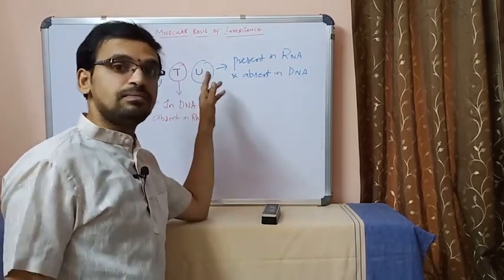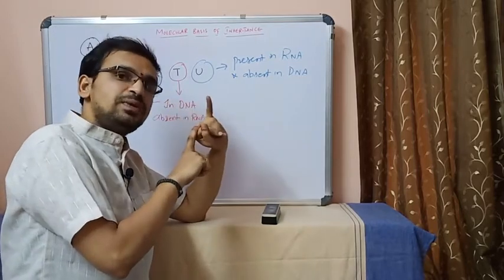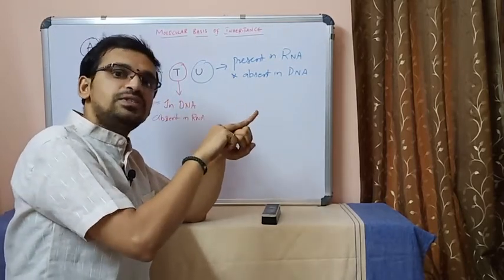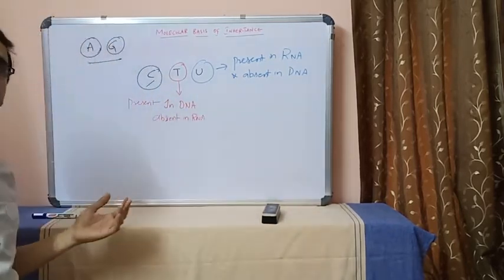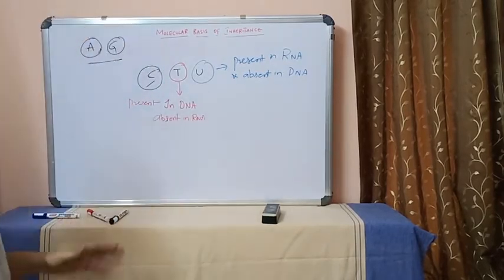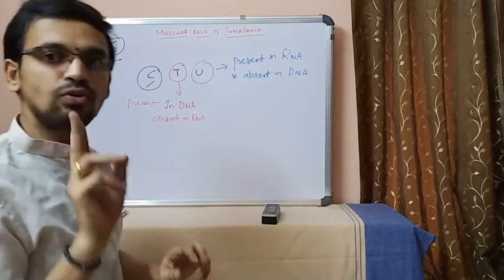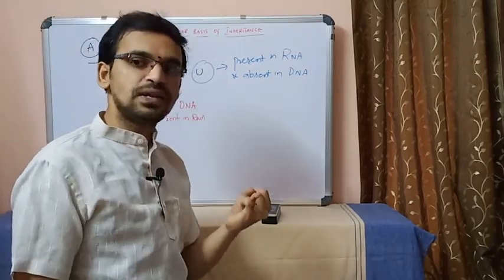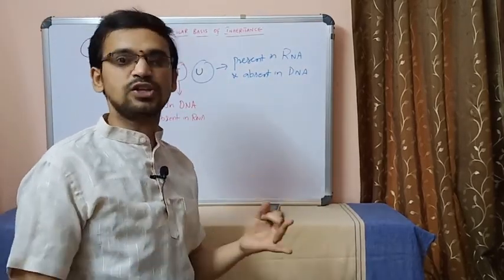Sugars, same. Ribose sugar is present in RNA, absent in DNA. Deoxyribose sugar is present in DNA, absent in RNA. So with this we have completed two components: nitrogen bases, sugars. Now coming to phosphate.